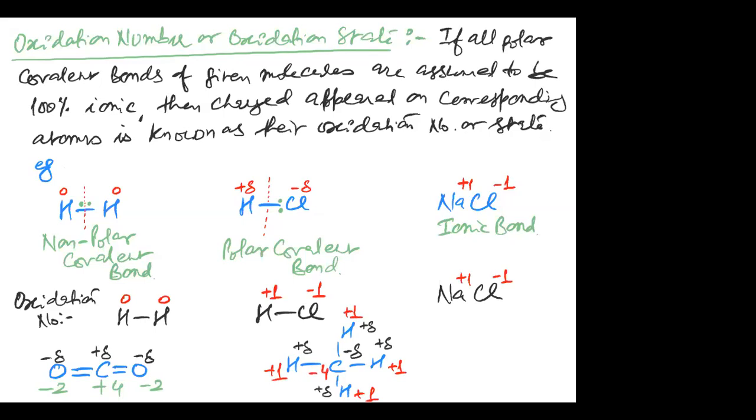So my point is, in the case of an ionic bond, whatever charge appears on the corresponding atom is its oxidation number only. But in the case of a polar covalent bond, you have to assume that bond as 100% ionic, and then you have to see the charge appearing on the corresponding atom. I hope you understand the definition of oxidation number or oxidation state.